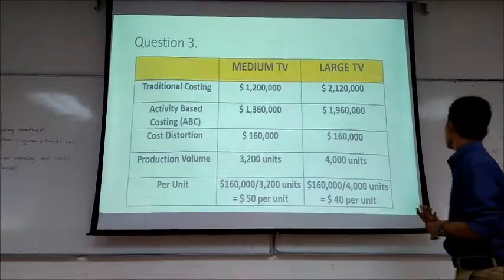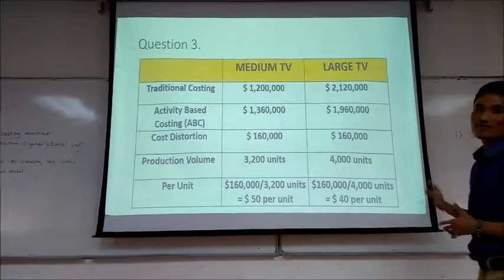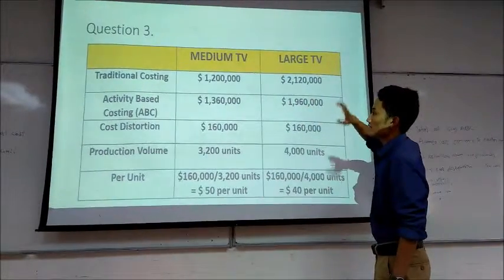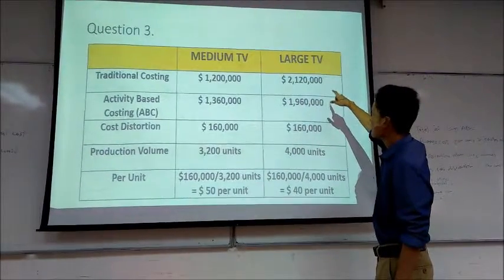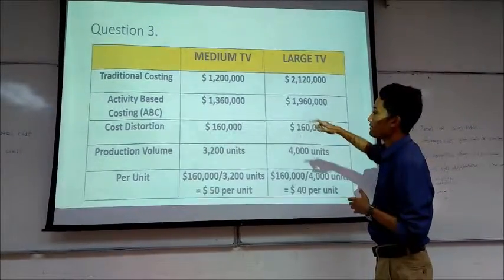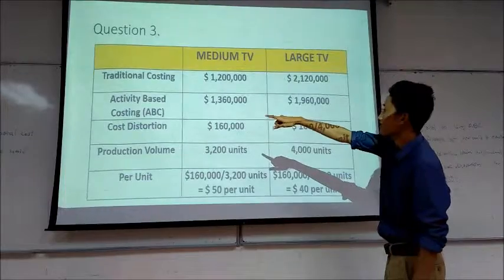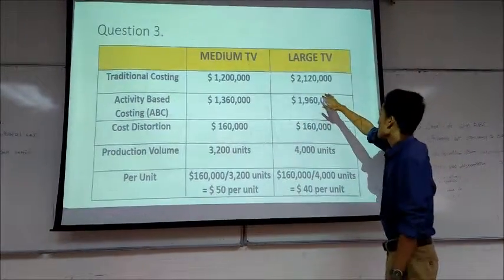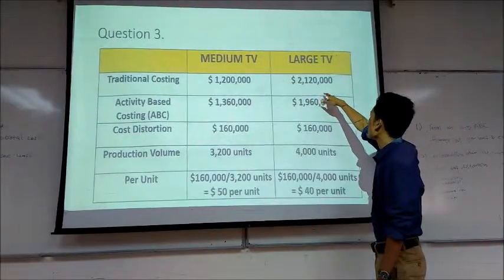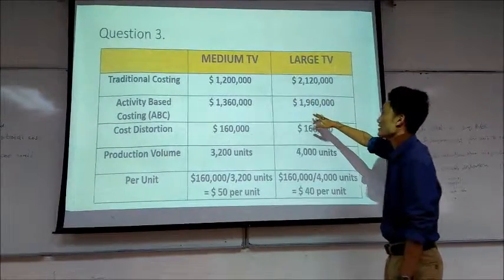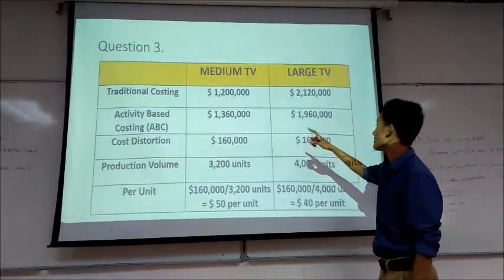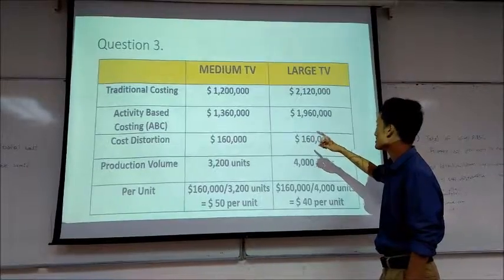Moreover, to calculate the cost distortion for large TV, we have to use the traditional costing and minus it with activity-based costing. That is 2,120,000 minus 1,960,000, and then you get the cost distortion 160,000.